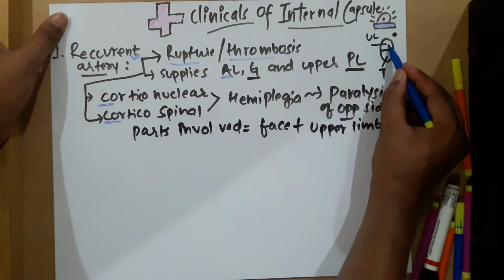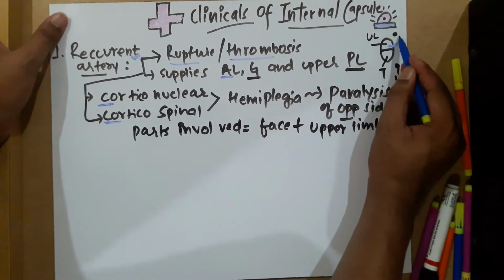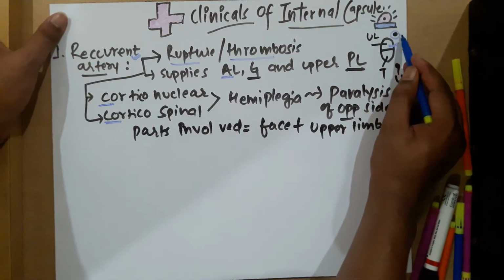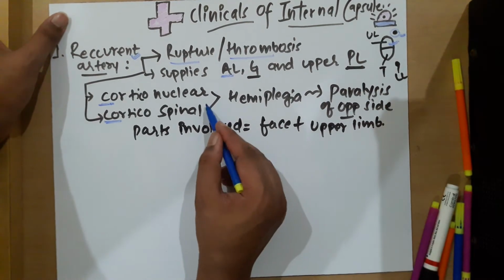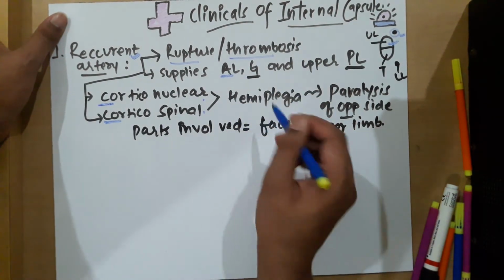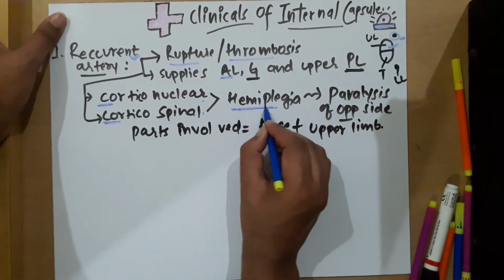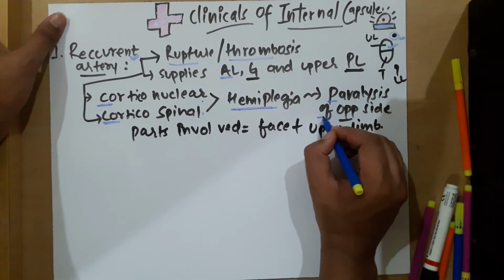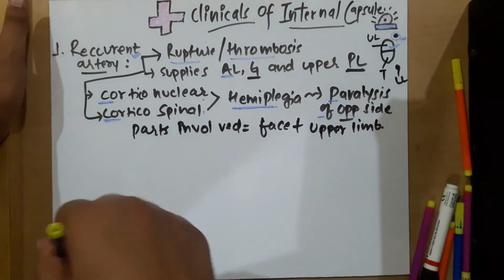The upper part of the corticospinal supplies the upper limb, and the corticonuclear supplies impulses to the head and neck. Damage to these fibers due to the halt of blood supply may cause hemiplegia, that is paralysis of the opposite side.